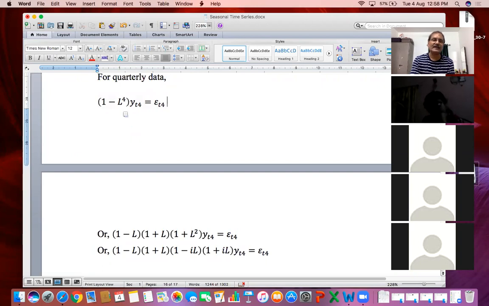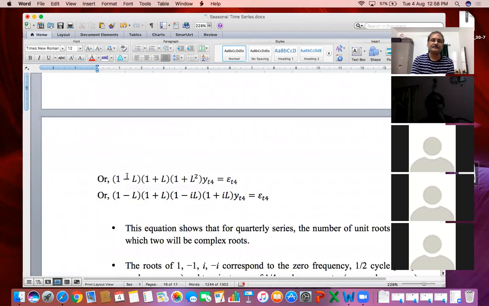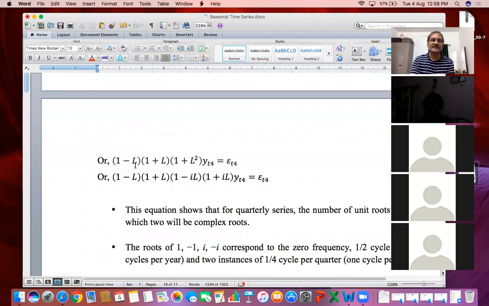But in the case of quarterly data, if you set this expression equal to 0, after factorization, you will get (1 minus L)(1 plus L)(1 plus L squared) equal to 0.